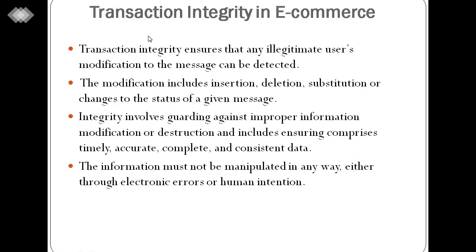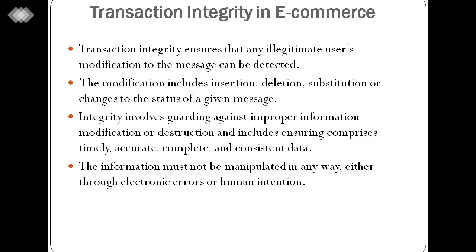After that we learned about transaction integrity in e-commerce. Here we ensure that illegitimate modification of messages by users can be detected, and that improper information modification is prevented, ensuring timely, accurate, complete and consistent data.